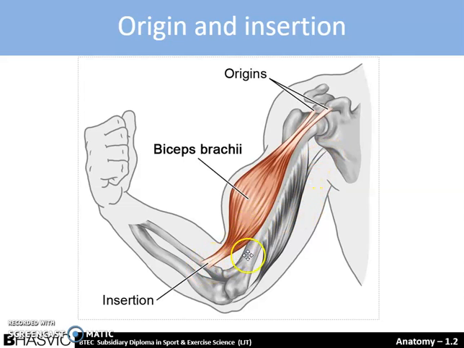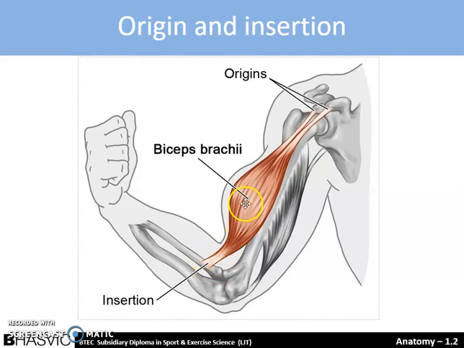This is the insertion on the radius, so where the muscle connects with the radius at the tendon point here, bone to muscle through the dense fibrous connective collagen fibers. This is the point of the muscle movement.